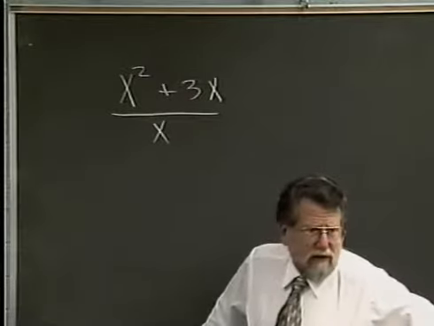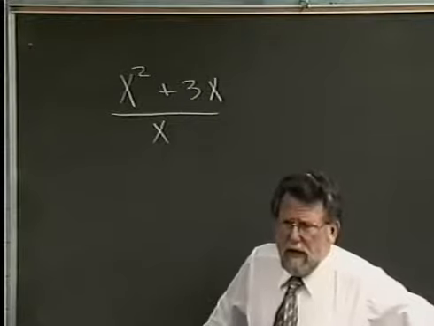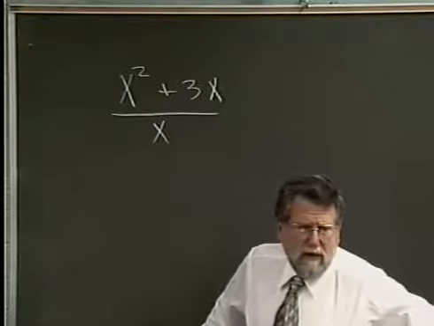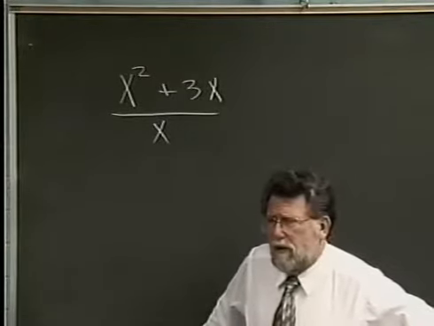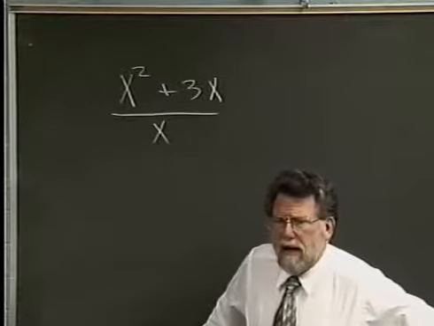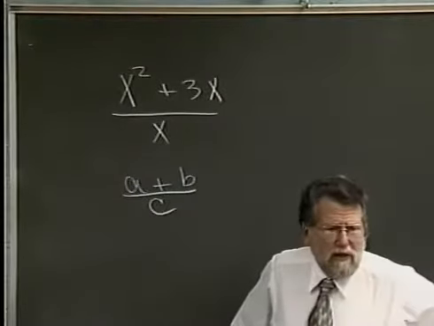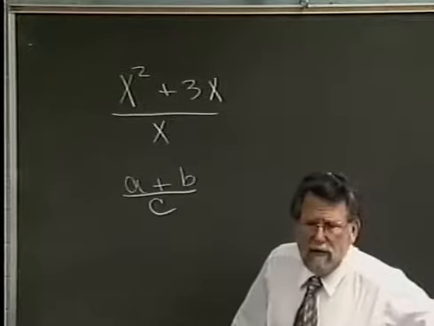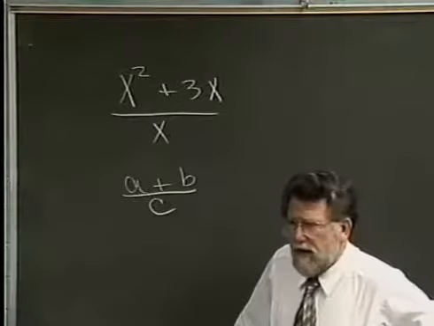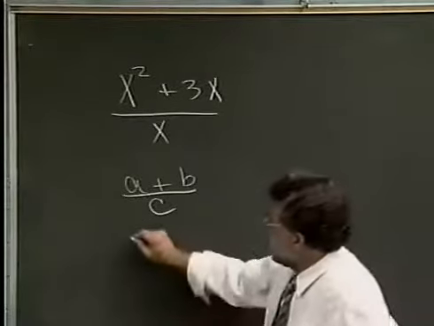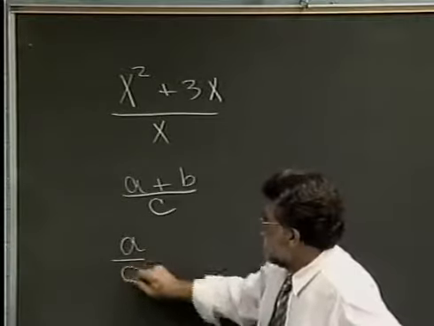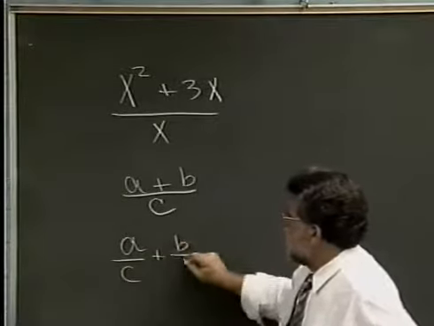There is a temptation to cancel, and there's a statement at the top of what was on the document cam, where it says that in general, a plus b over c, we break into two parts. This is the reverse process of what you typically have done when you've added fractions. That is, this is rewritten as a over c plus b over c.